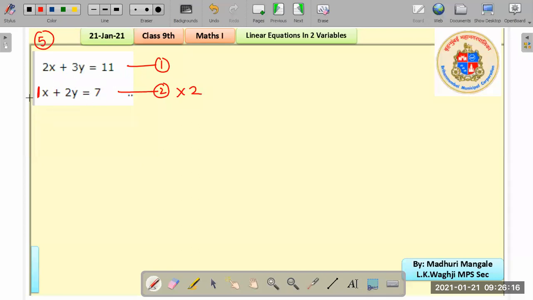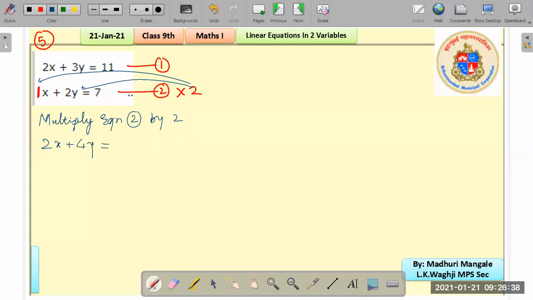That will give us a 2x here, correct? So we are multiplying equation 2 by 2. So 2 times x will make it 2x plus 2 times 2y will make it 4y equals 2 times 7, that will be 14.